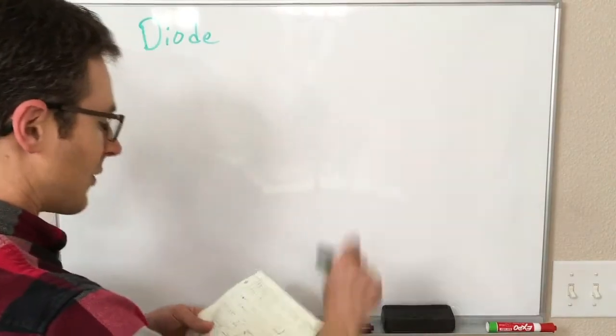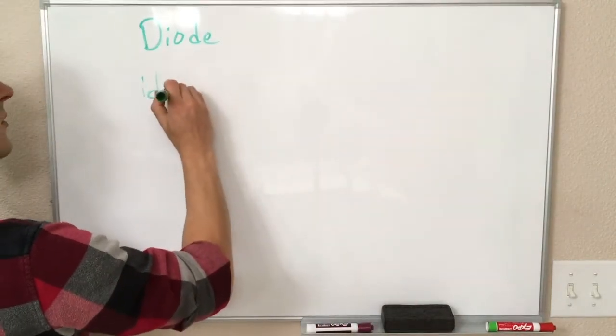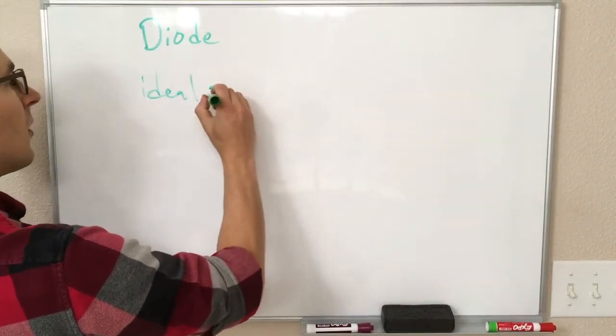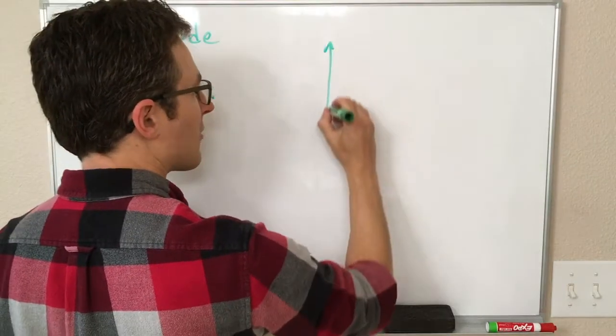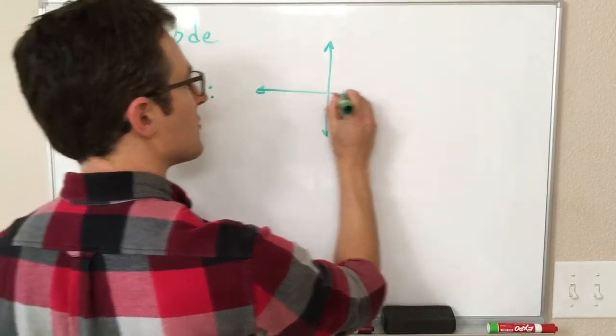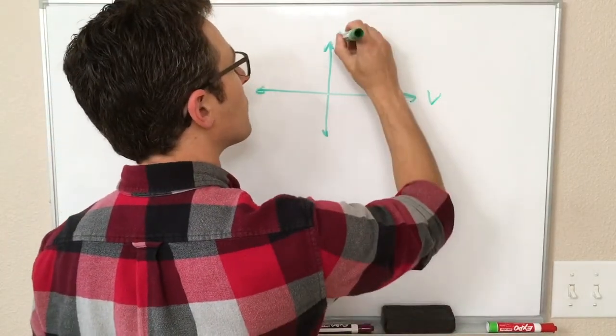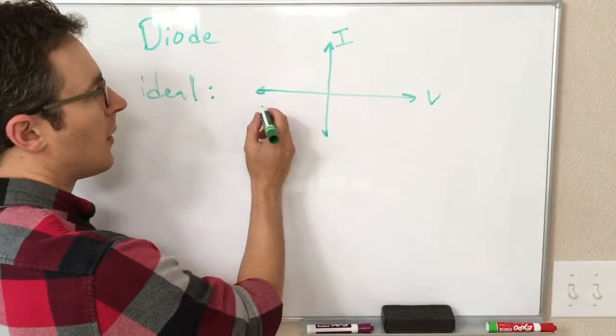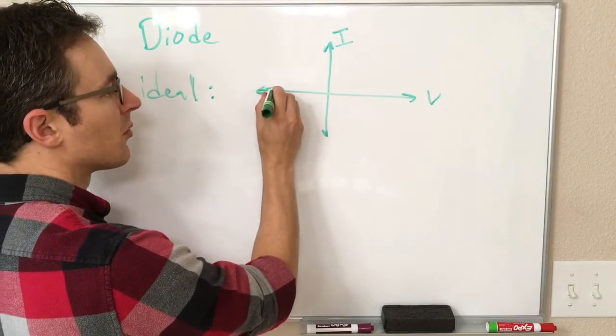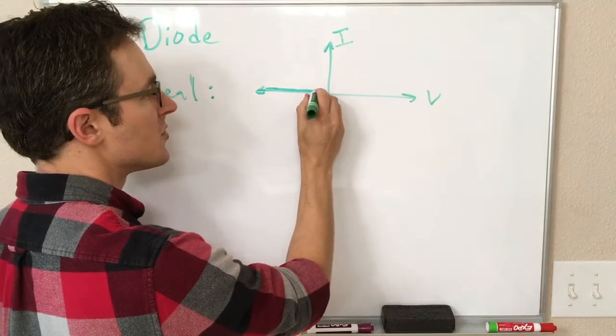So our ideal diode looks something like this. If we draw a graph of current versus voltage, our ideal diode admits no current through for voltages in a certain direction.